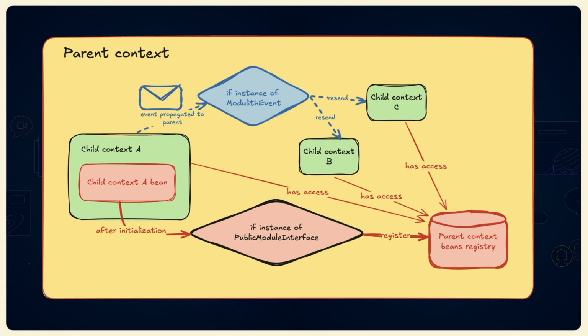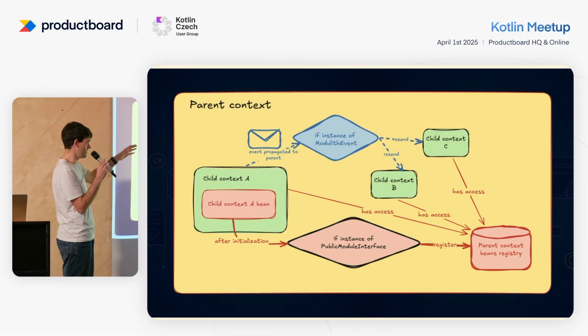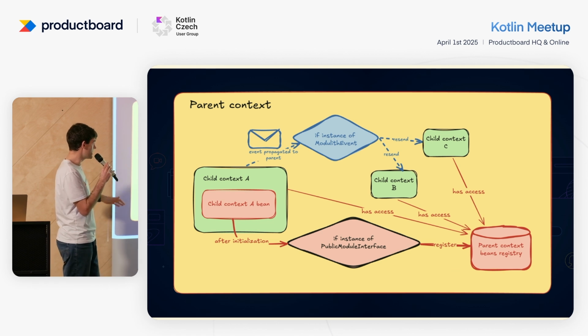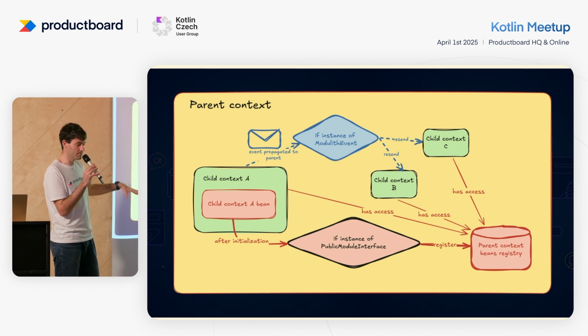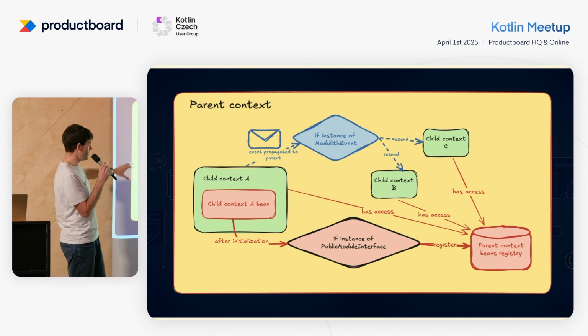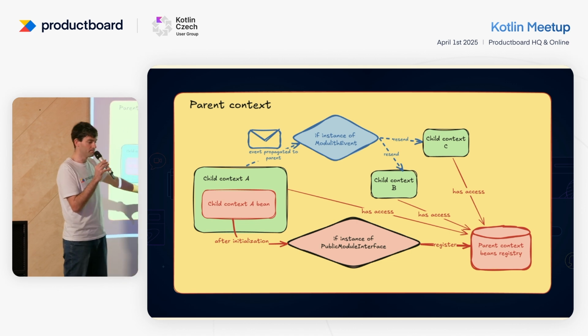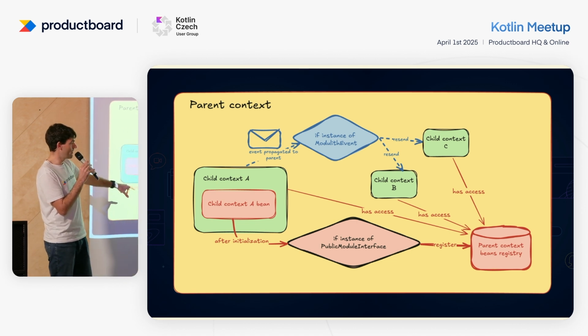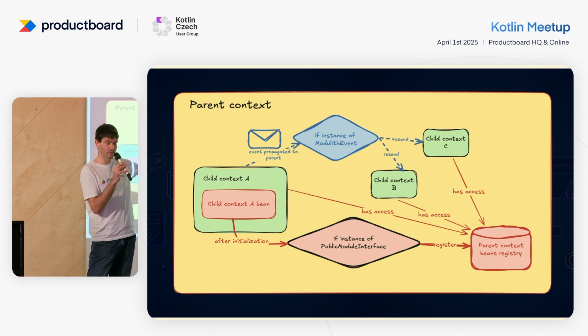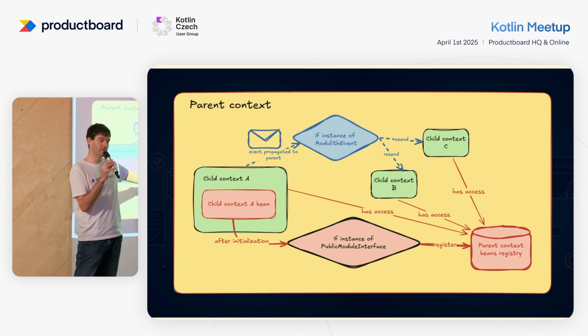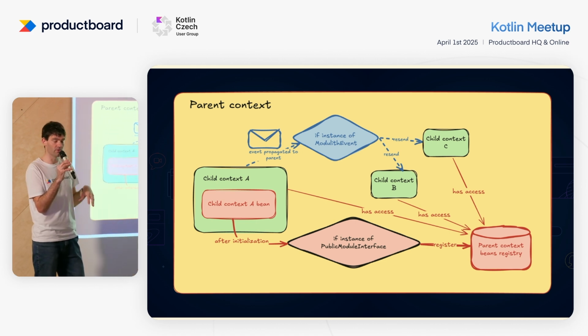This is our implementation, which is handled in the parent context, and similar with beans. So when we initialize beans and when there are instances of a public module interface, then we register them also in the parent context, and so they are visible also in other child contexts.